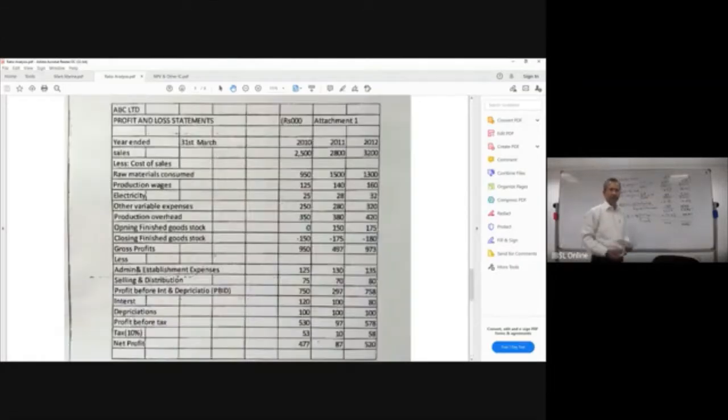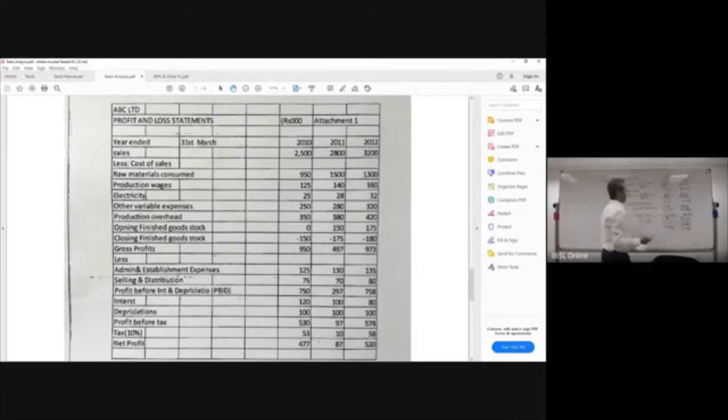Net profit is 87 plus tax 97, and 578 for 2012. So we get 7.38% and 27.74%.